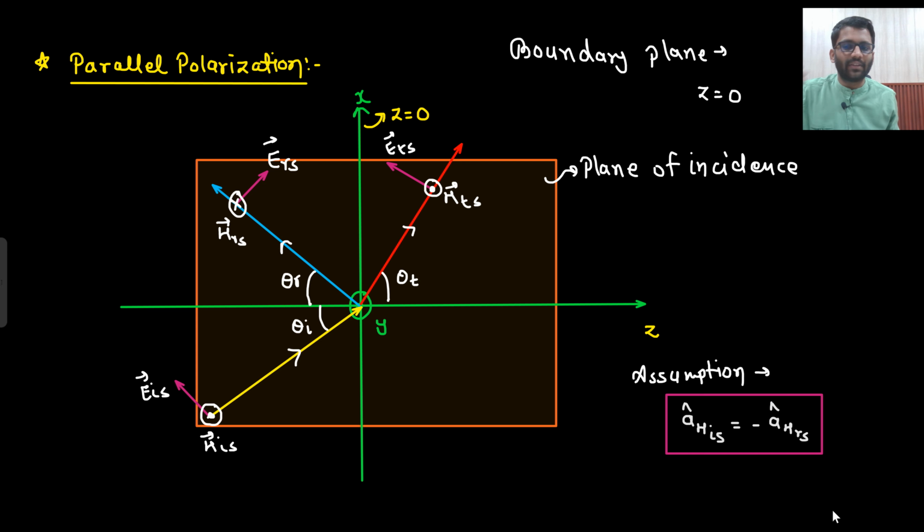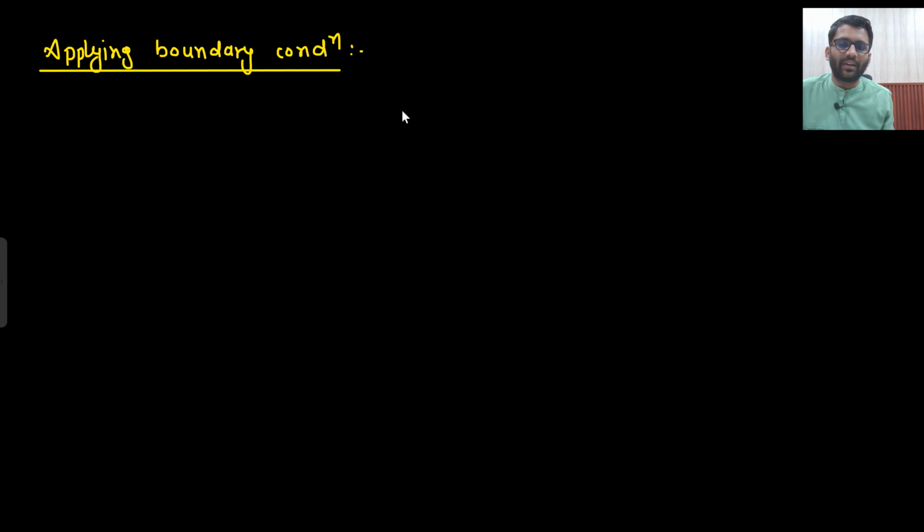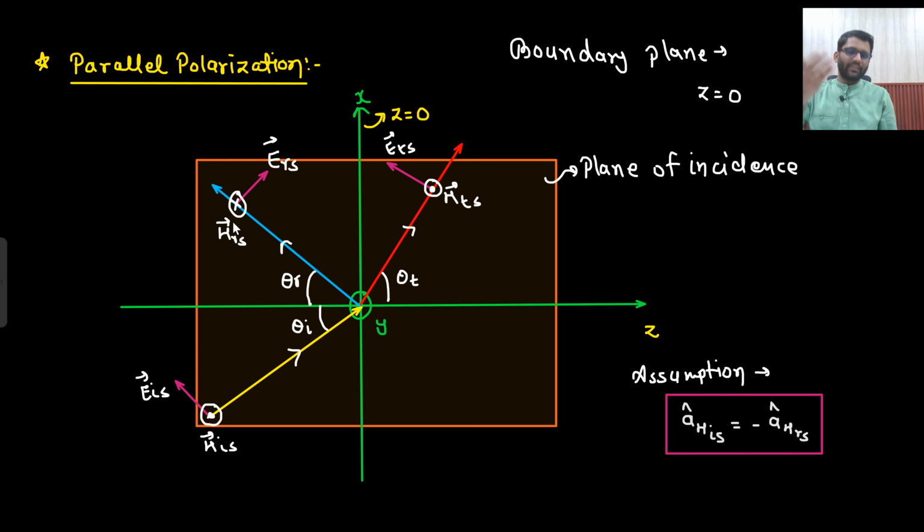So now let's derive the formulas. Let's apply the boundary conditions. What boundary conditions do we know? The tangential component of the electric field should be equal, and the tangential component of the magnetic field should be equal. Let's first equate the tangential components of the magnetic field because they are very easy. HIS is coming towards me, HTS is also coming towards me, but HRS is going inside.